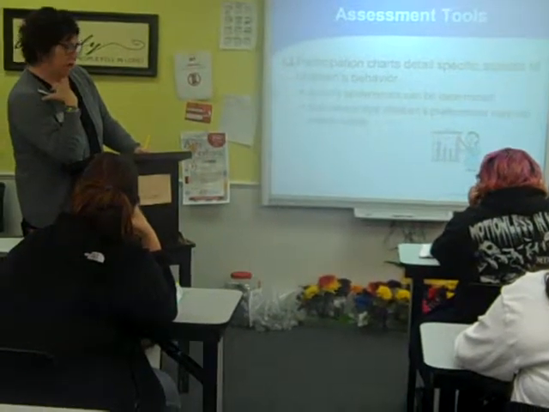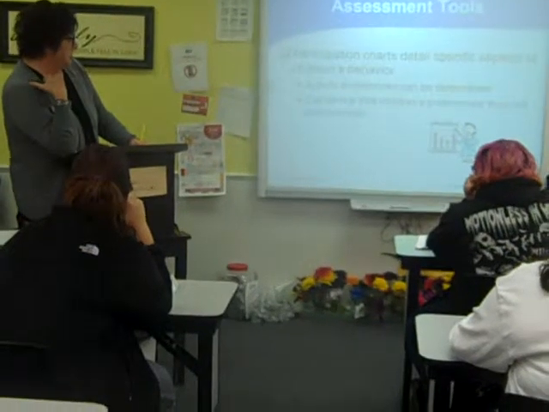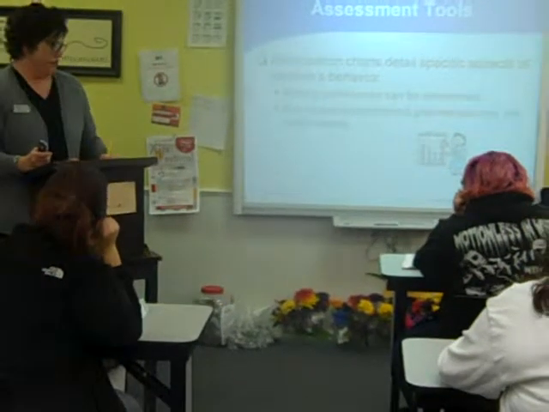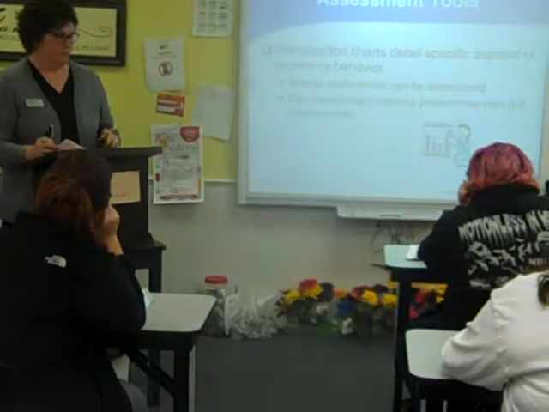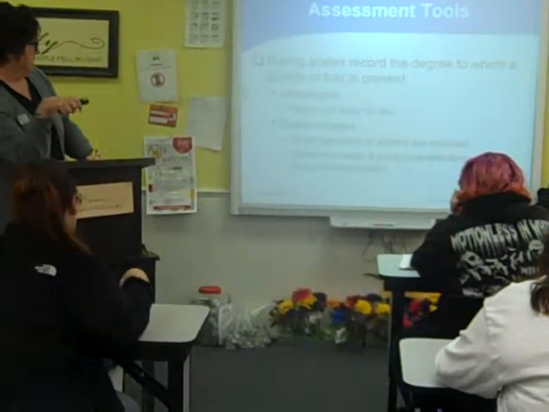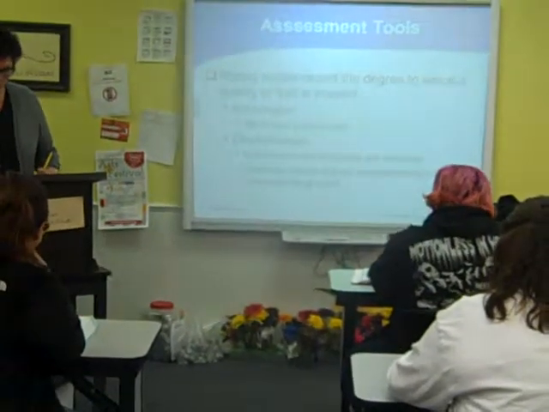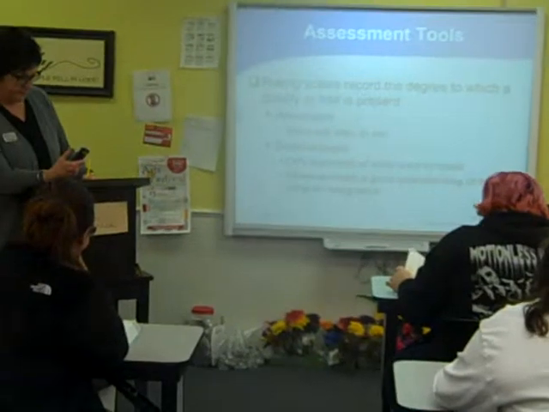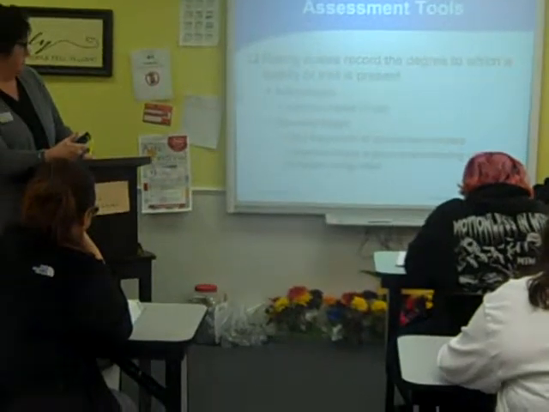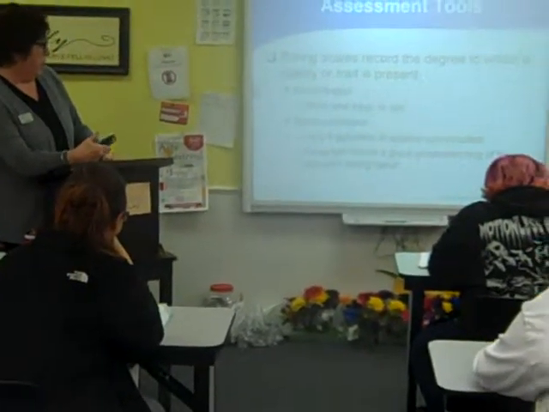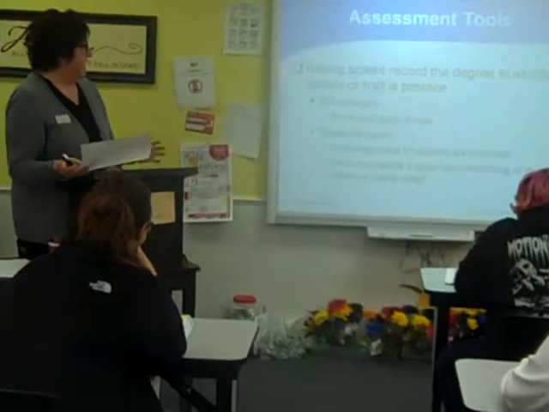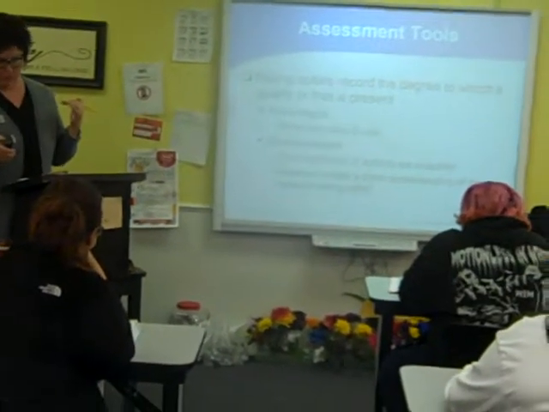It shows the child's preferences, and as this says, sometimes they may not match the child's needs, which means whatever they're doing may not be age appropriate, but even though they like to do it, we don't let them sometimes. And the last one we're looking at is the rating scale. The rating scale shows the degree to which a quality or trait is present. All of these have advantages and disadvantages, but the one we're going to be using today is the anecdotal record.